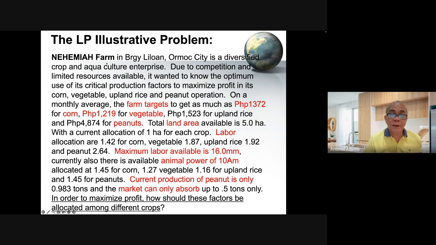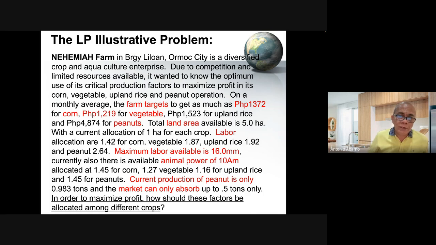The Himaya Farm in Barangay Liluan, Ormoc City is a diversified crop and aquaculture enterprise. Okay? Due to competition and limited resource available, it wanted to know the optimum use of critical production factors to maximize profit in its corn, vegetable, upland rice, and peanut operation.